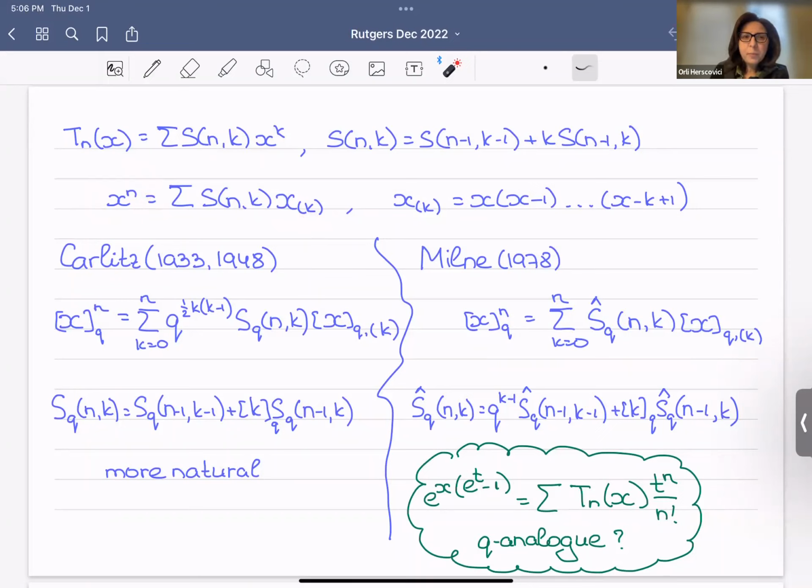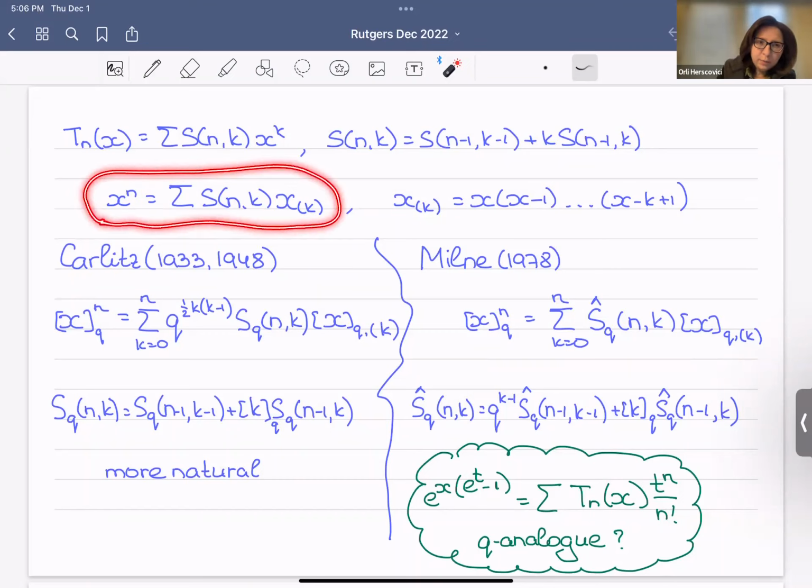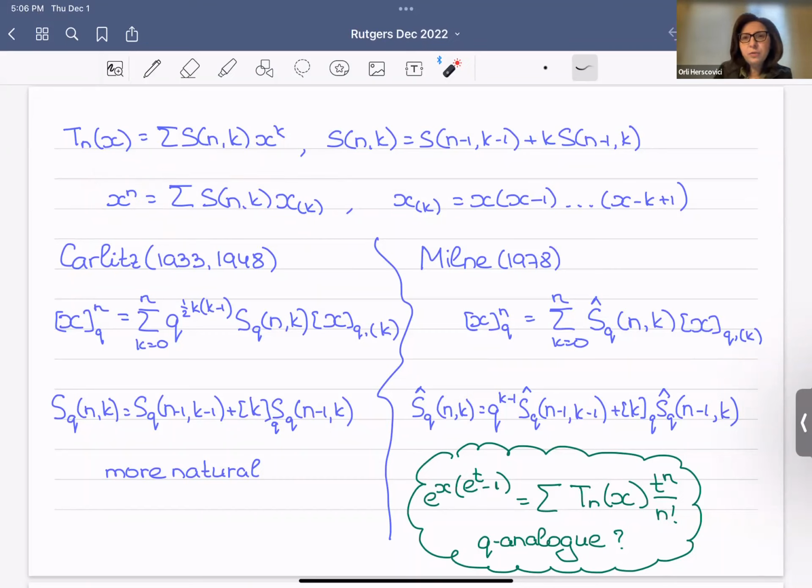So in works from 1933 and 1948, Carlitz took this relation as the basic relation for his generalization. So instead of the power n, he considered the power of the q-number x.